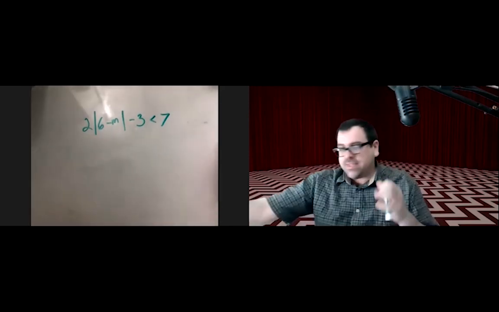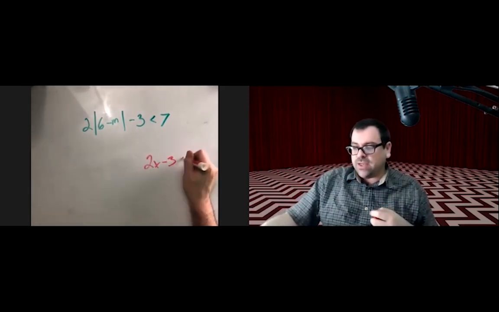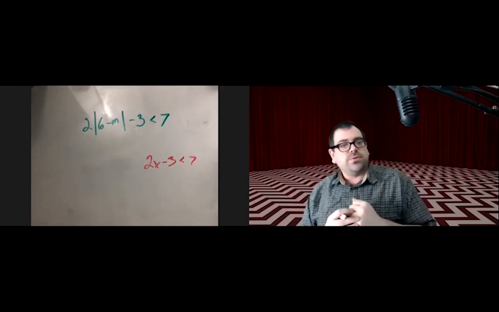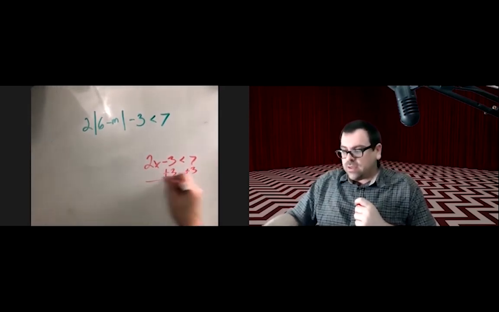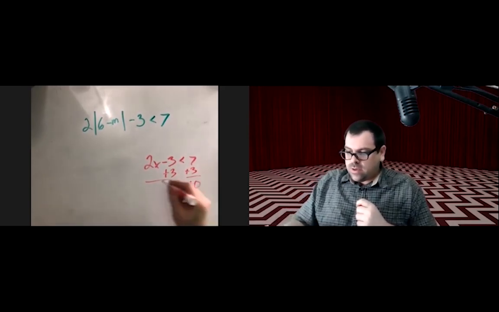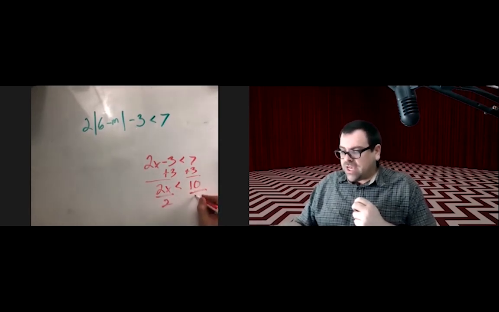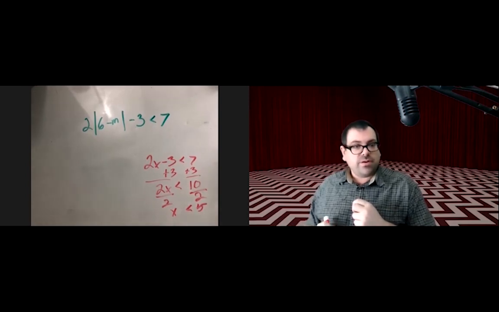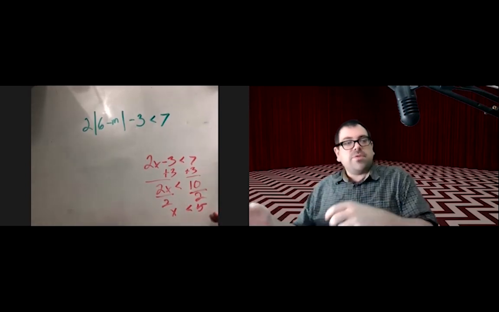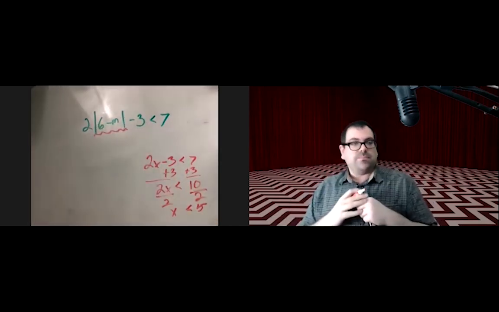Pretend for a moment, this is not the problem, but pretend for a moment we had 2x minus 3 is less than 7. What would we do? We would add 3 to both sides. 2x is less than 10. We would divide both sides by 2. X is less than 5. We do the same things while we're trying to isolate the absolute value.